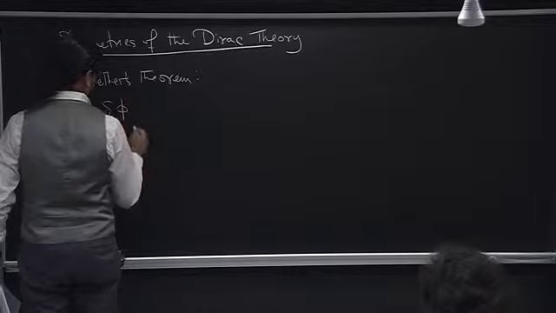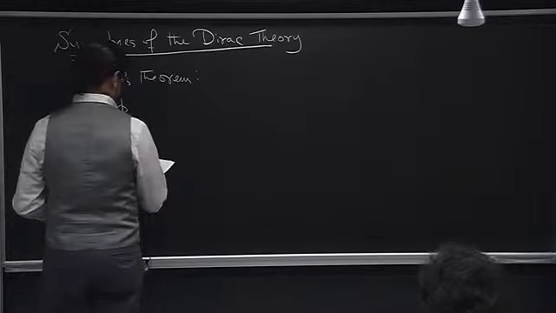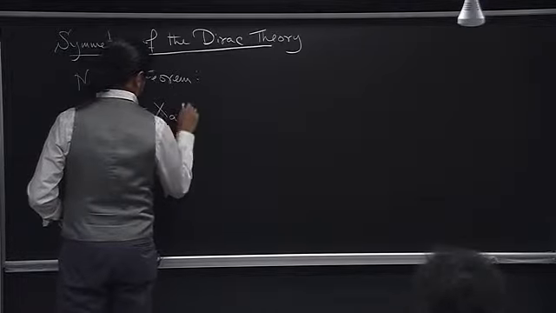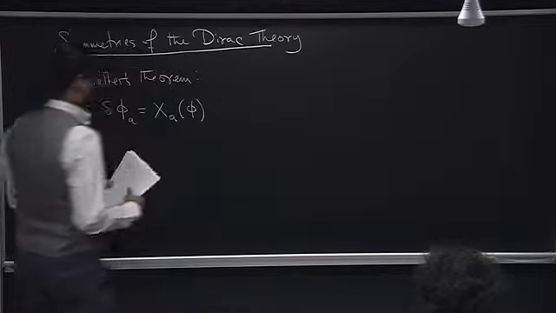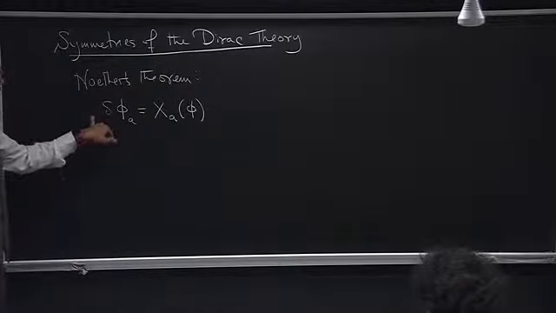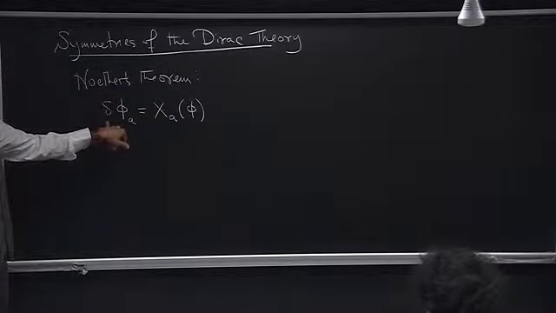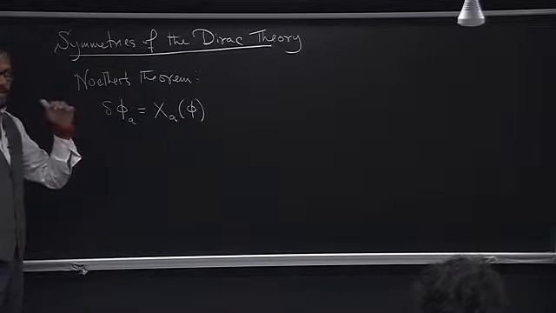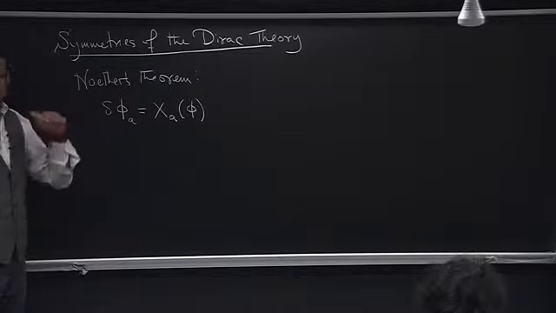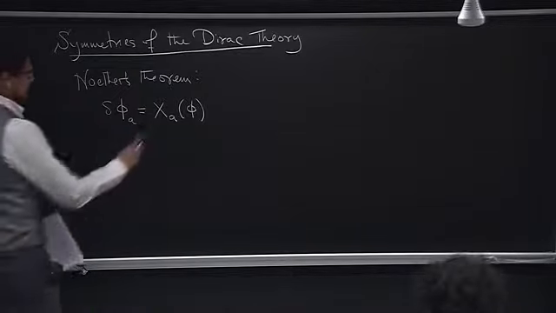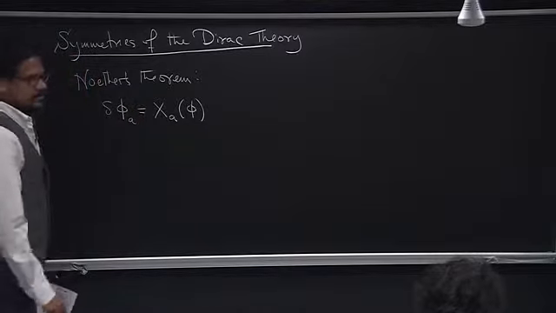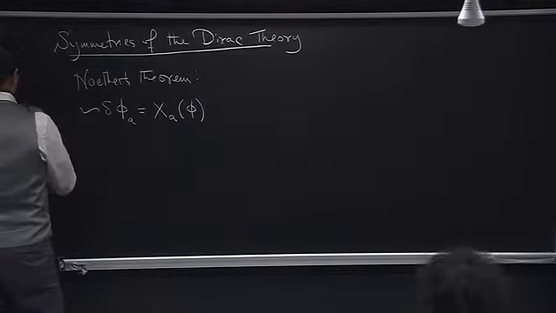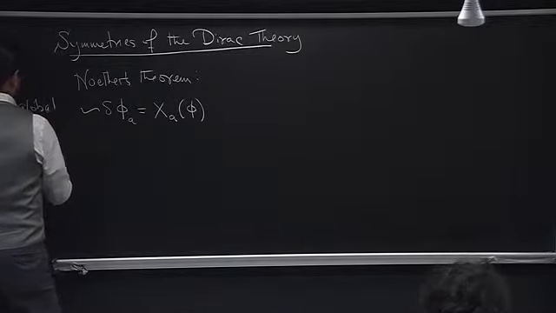Suppose you have a variation of your fields, and these are global infinitesimal variations of this form. So phi_a are your fields, and you make some small transformations of the fields where the parameters of the transformations do not depend on space-time points. That's what we mean by global. And there's some function of the fields themselves, which are written here as X_a of phi.